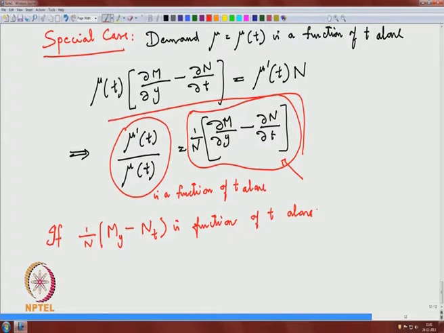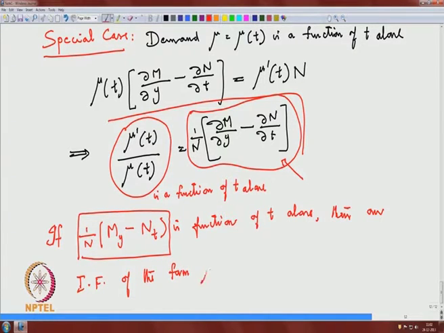That is possible. Even though M and N are functions of both t and y, the combined factor 1 over N times (M_y minus N_t) can be a function of t alone. Then you see an integrating factor of the form mu equal to mu(t) can be determined.